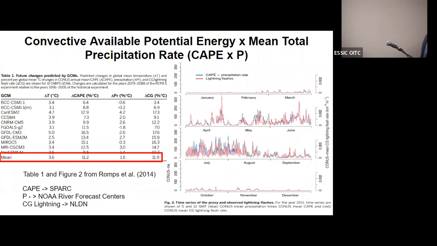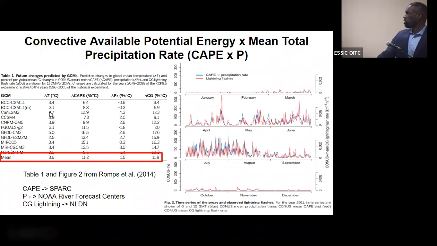So in 2014, David Romps, in a Science paper, ran several global climate models where he modulated the temperature and made projections for changes in CAPE, total precipitation and cloud to ground lightning for the 2079 to 2088 period.